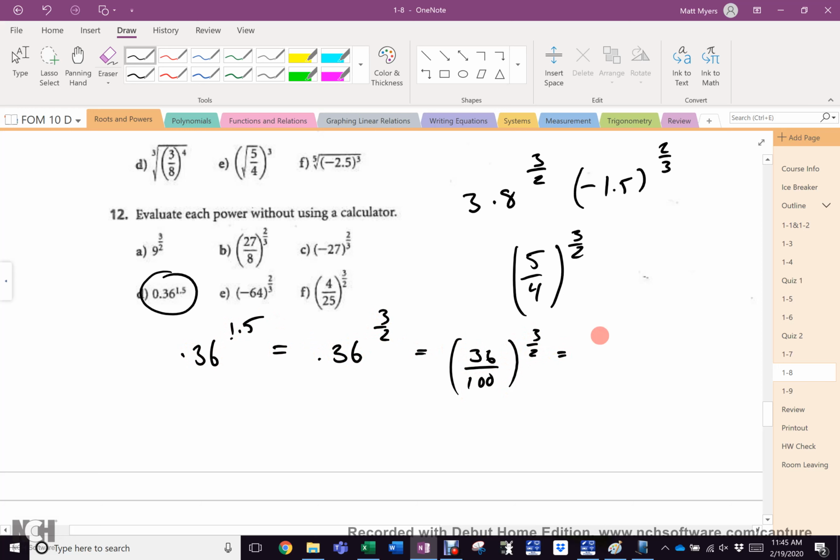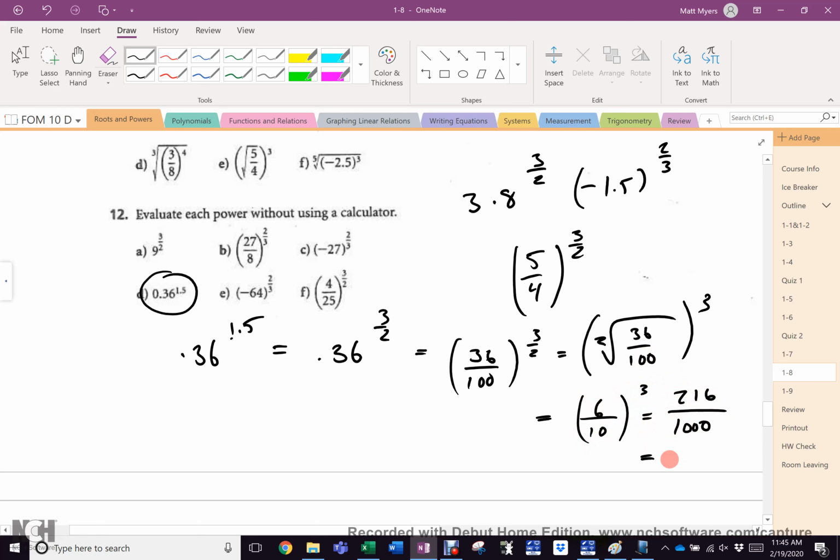The denominator becomes the root. 36 over 100 becomes the radicand, and that is all cubed. The square root of 36 is 6. The square root of 100 is 10. Cubed, 6 times 6 times 6 is 216. 10 times 10 times 10 is 1,000, which is 0.216. And all of that is stuff you should be able to do without a calculator.